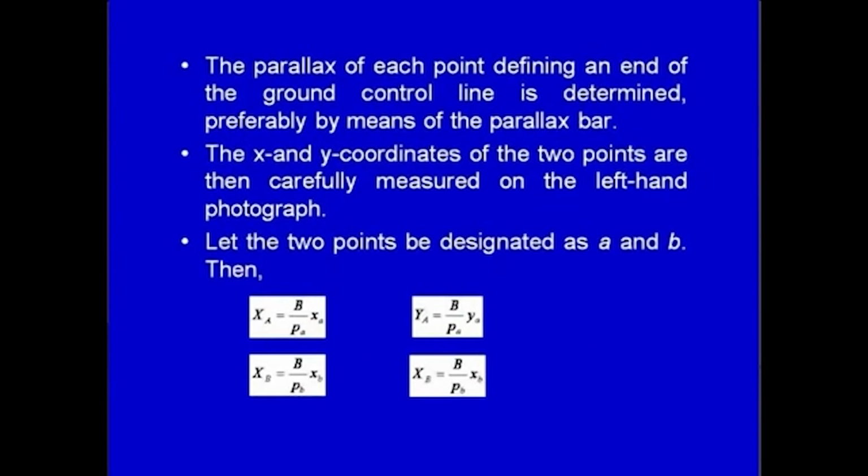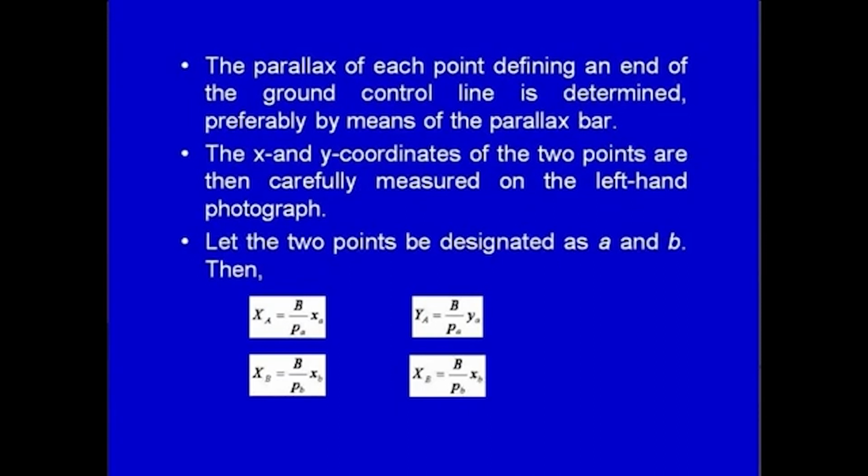The parallax of each point defining an end of the ground control line is determined preferably by means of the parallax bar. The x and y coordinates of the 2 points are then carefully measured on the left photograph. Let the 2 points be designated as A and B. So, then the ground coordinate x A can be expressed as capital B divided by the parallax P A on the photograph multiplied by its x coordinate.